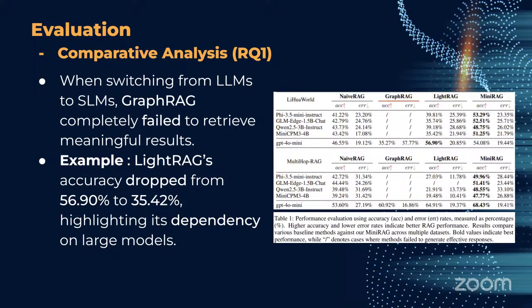As you can see, that's a very huge drop. It means that LightRAG relies heavily on large models to function well. Interestingly, Phi-3.5 Mini Instruct did okay with 53.29% accuracy, but its error rate was also higher at 23.35%. So it made more mistakes, but not as many as LightRAG.